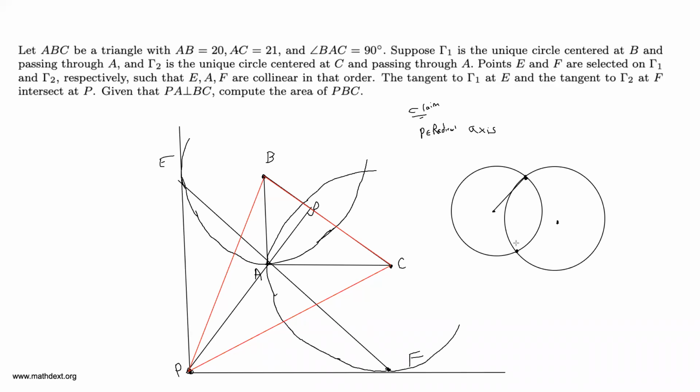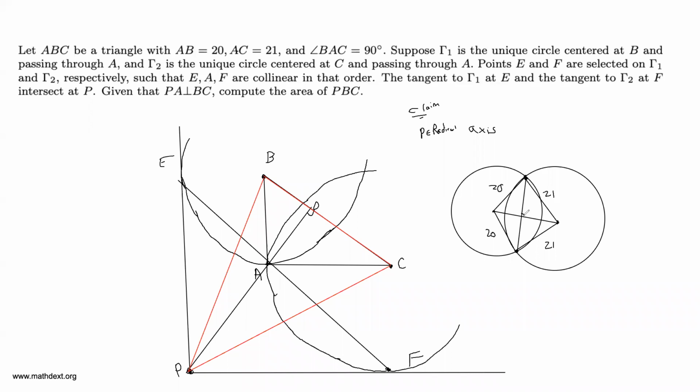That's not hard to prove, because what do you have but some radii? This one's 20, this one's 20, this length is 21, and this length is 21. So what we have here is actually a kite, and it's a well-known property of kites that the diagonals are perpendicular.